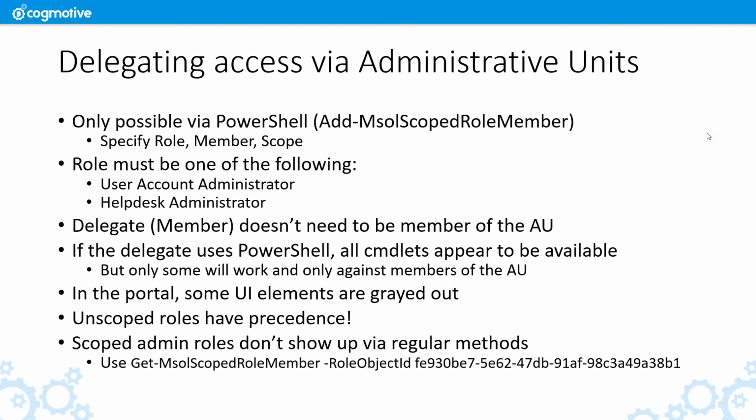When you are creating administrative units and using them to delegate administrative actions, you can only use the User Account Administrator and the Helpdesk Administrator roles for Office 365. You cannot delegate, for example, global administrative permissions or any of the other 20 or so roles that we currently have as part of Azure AD and Office 365.